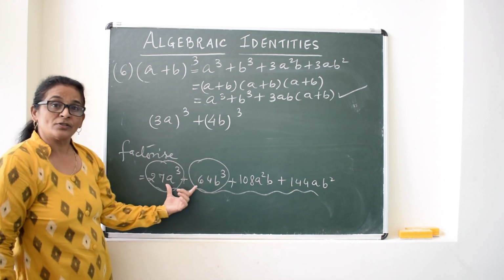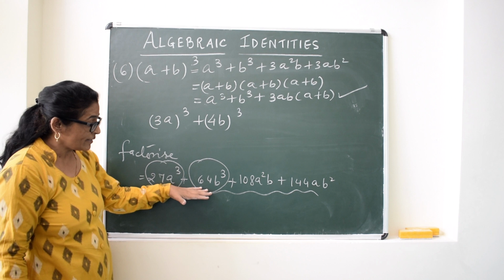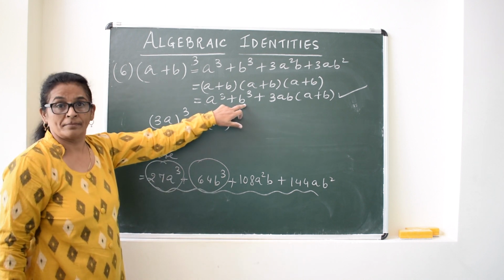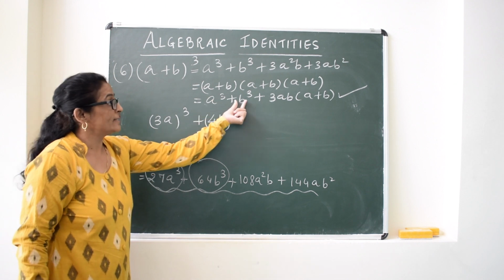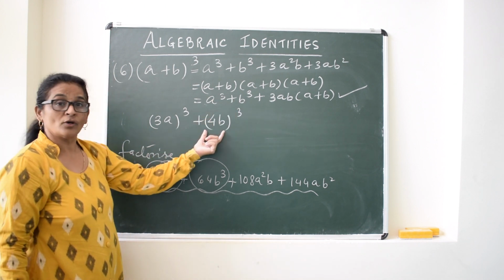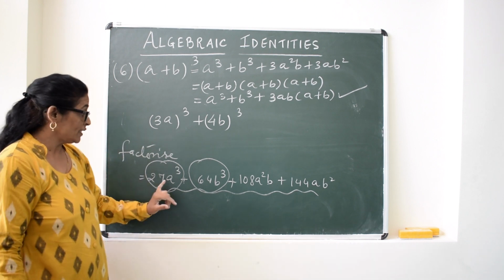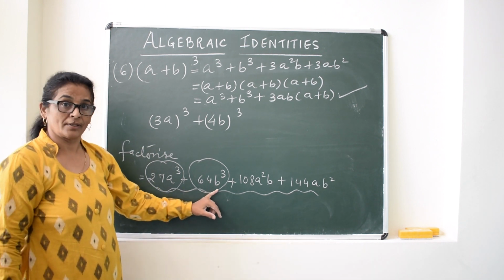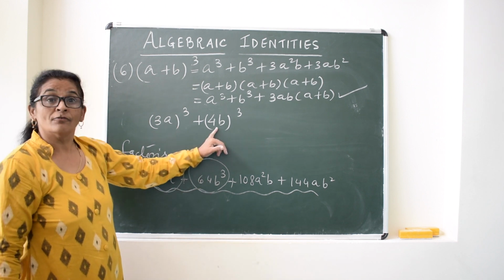So this expansion that is given to us, which we have to factorize, we have to rewrite in this form. Okay. So we have to choose the first quantity and the second quantity, and that we have got. And which two terms will give us the first and second quantity? The cubes. Okay. So this is the cube of 3a and this is the cube of 4b.